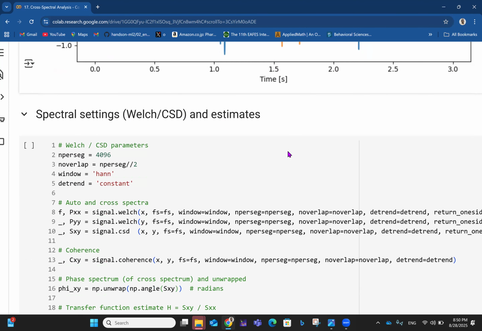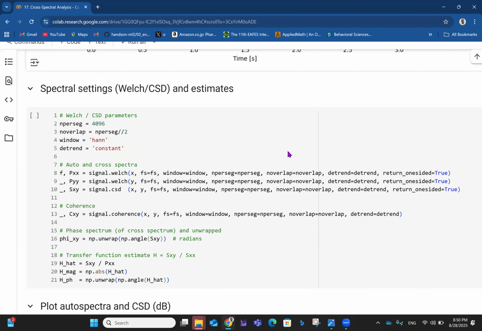Then we can also talk about spectral settings, say for Welch and cross spectral density estimates. We have the parameter number per segment, and then the number of overlaps, which is usually the number per segment divided by 2, the whole number part. Then we use the windowing method, which is Hann in this case, with constant detrending, and then we do auto and cross spectra.